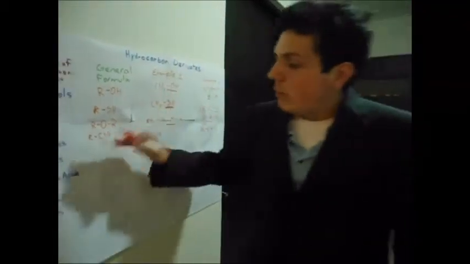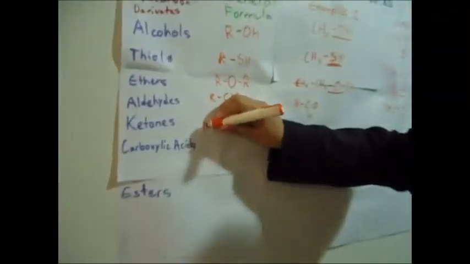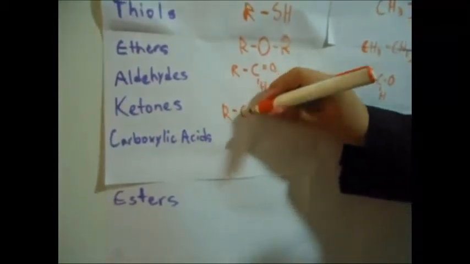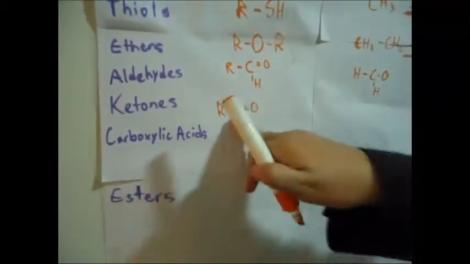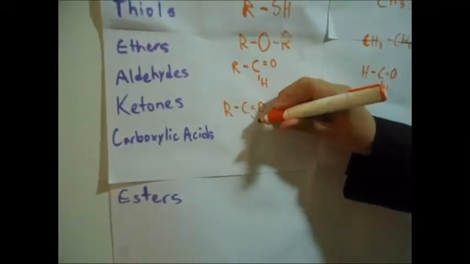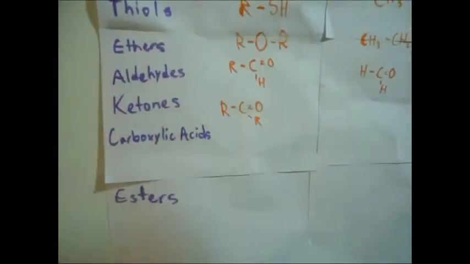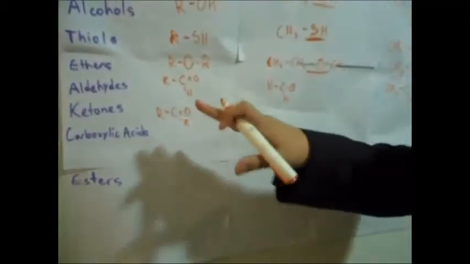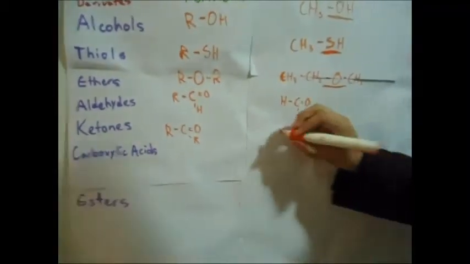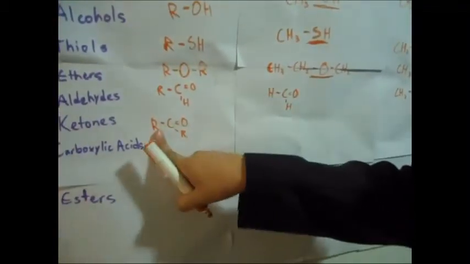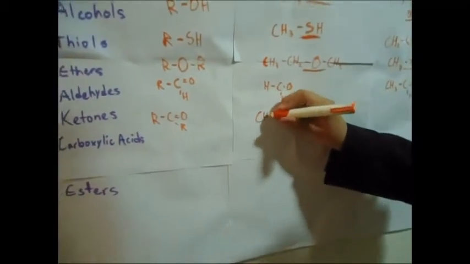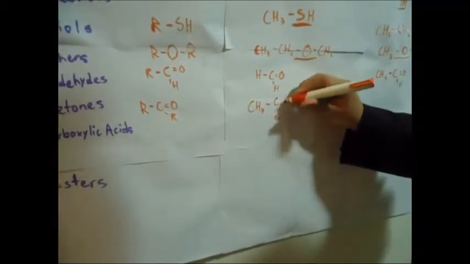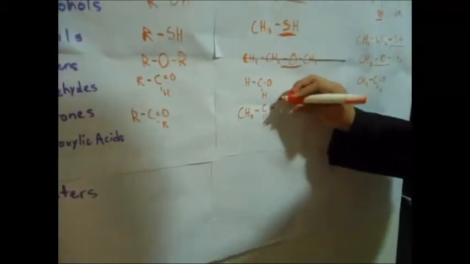Well, now the next one is the ketones. Its general formula is made by an alkyl group, the same carbon with double bond of oxygen, but now it will be combined with another alkyl group. Now, as an example of the ketones, I'm going to show you propanone. That will be made by the alkyl group, that will be the methyl, then the carbon with double bond of oxygen, and the second alkyl group will be again the methyl.